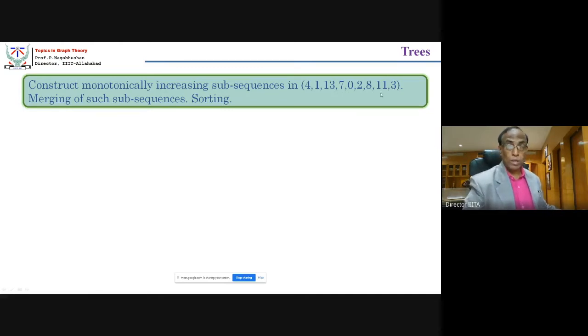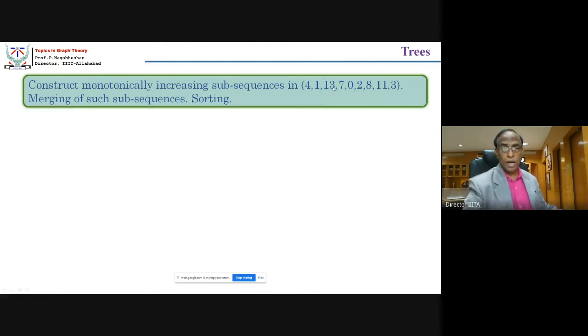Therefore, one monotonically increasing subsequence is 4 and 13. There can be many. For example, if I skip 13 and land on 7, from 4 to 7, then the next one I can include is 8, which is also monotonically increasing. Then the next one I can include is 11. So 4, 7, 8 and 11 is monotonically increasing, and it is longer than 4 and 13.